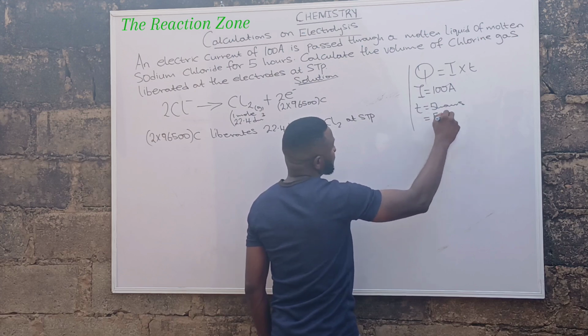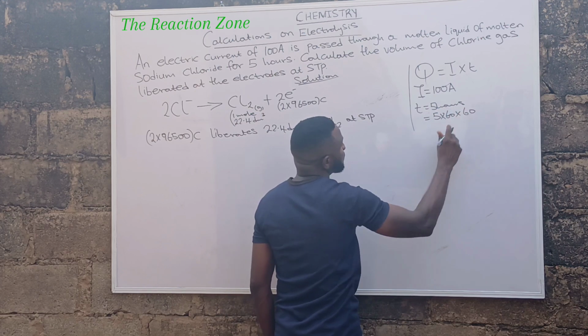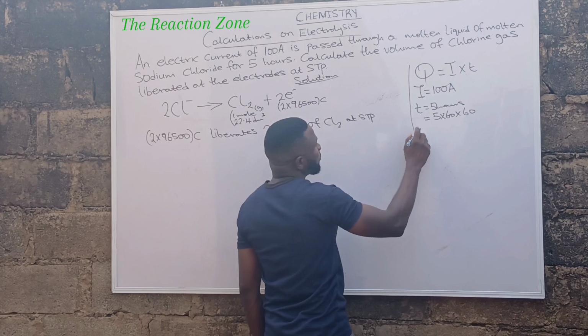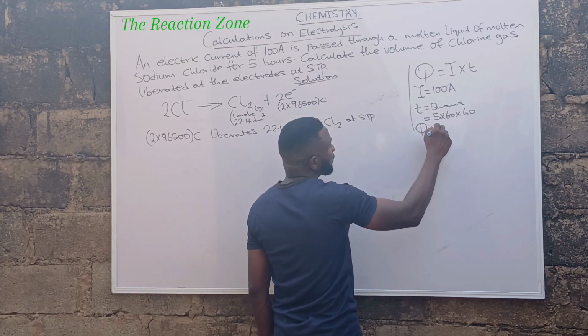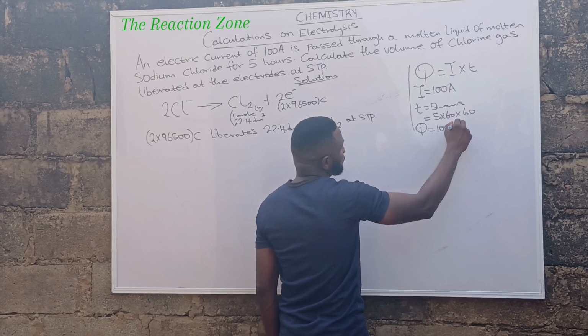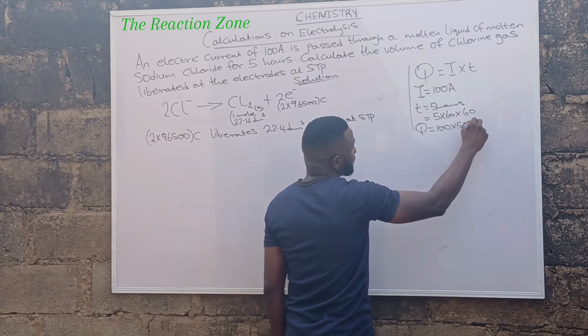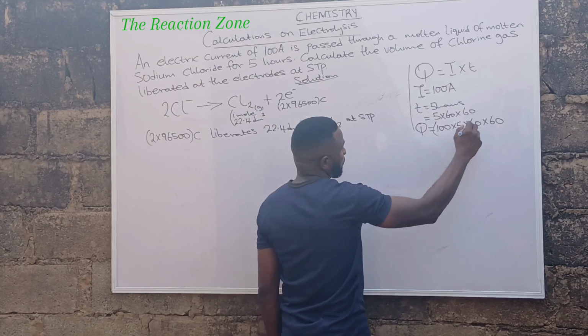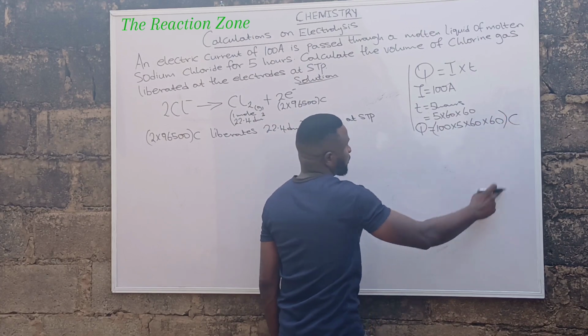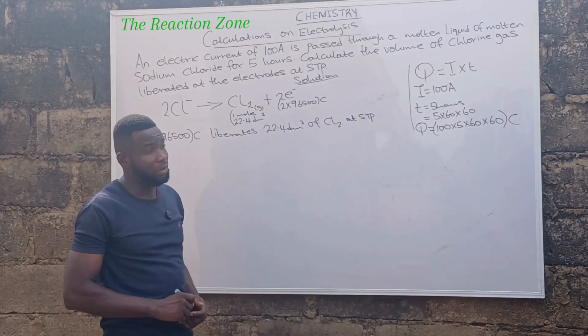So this is 5 times 60 times 60. So it means that the quantity of charge here is going to be 100 times 5 times 60 times 60. So this is the quantity of charge.